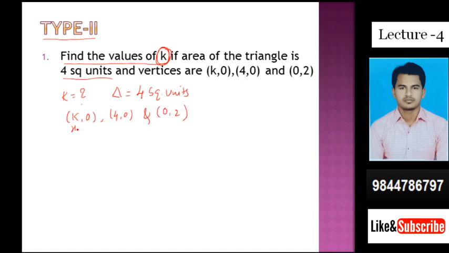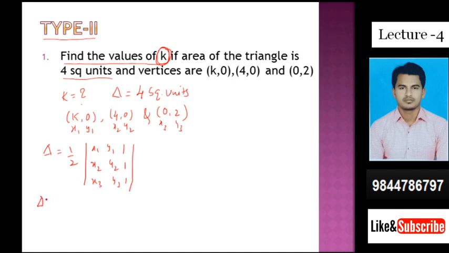This is my x1 y1, x2 y2, x3 y3. What is the formula? Delta is equal to 1 by 2 determinant of x1 y1 1, x2 y2 1, x3 y3 1.